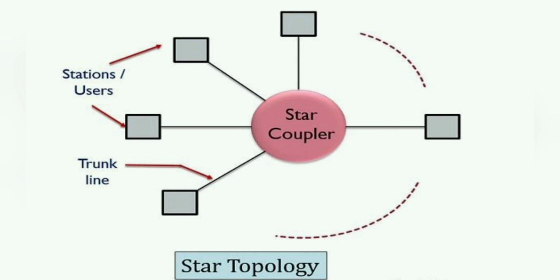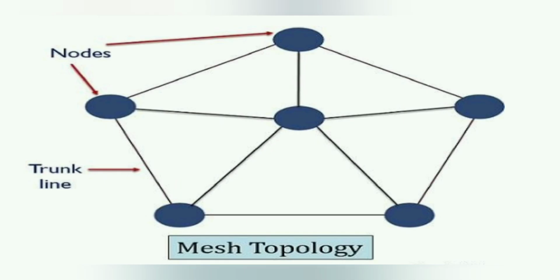Now, the last one we can see is the mesh topology. In a mesh topology, an arbitrary connection is formed between the nodes in the network. This point-to-point connection can be changed according to the application.